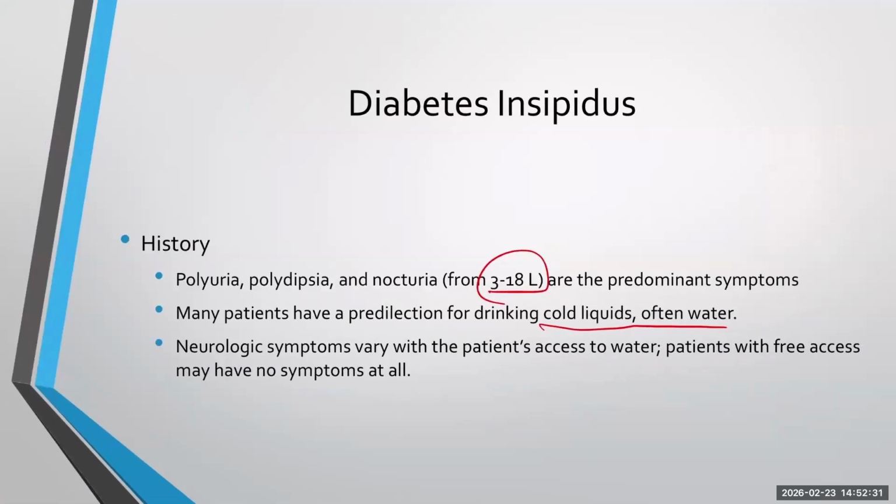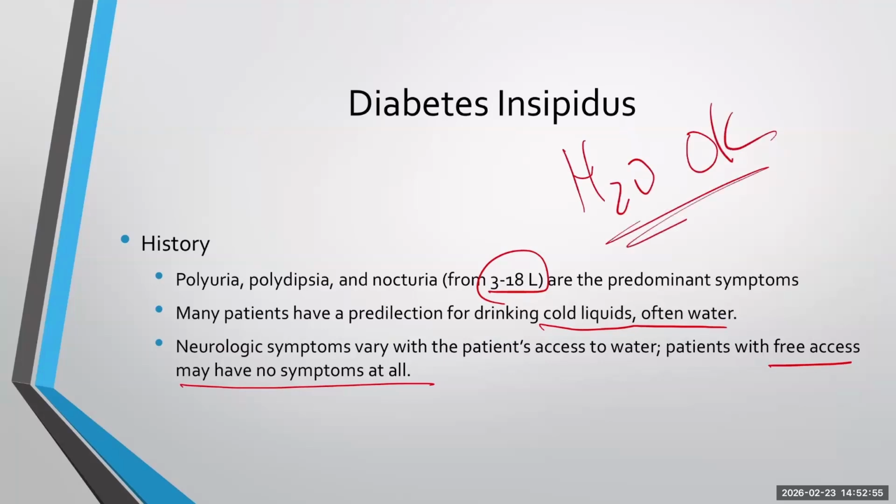If the patient has free access, they won't have any symptoms at all. As long as they're able to drink, they'll be okay. When they don't have access to water, then you get problems with sodium levels and you start getting some neurological problems. So diabetes insipidus, water is okay. They can drink it.